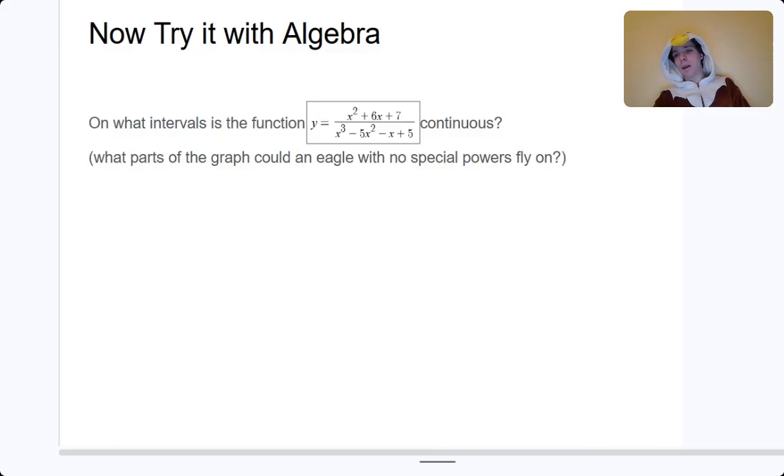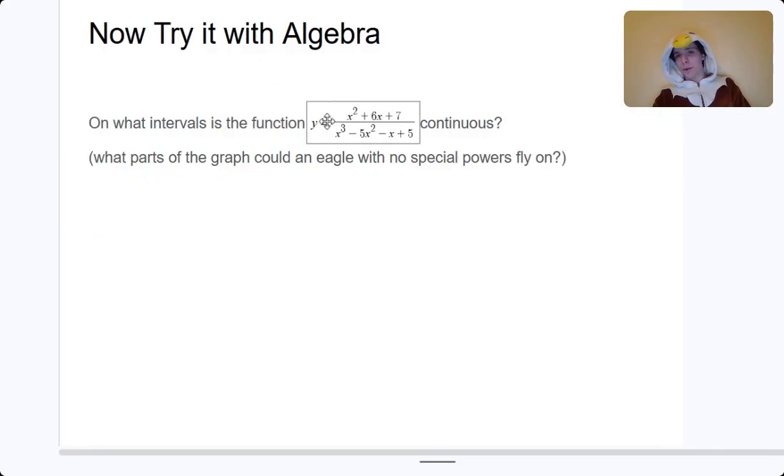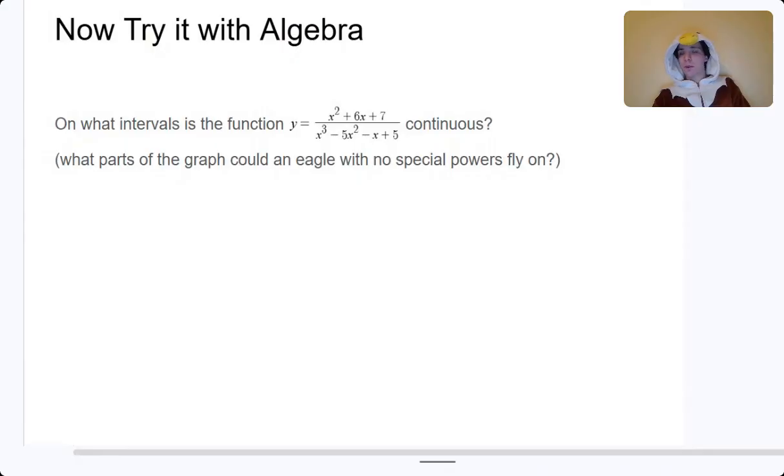So now let's try it with algebra. It's asking us on what intervals this function is continuous, and we got this really complicated looking equation right there, and we have to try to figure out where it's continuous. And remember, it's basically what parts of the graph an eagle could fly on, what parts have no discontinuity of any type.